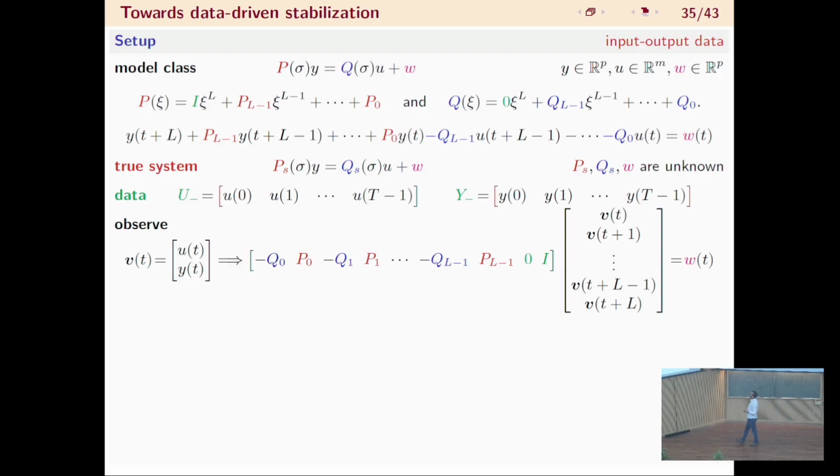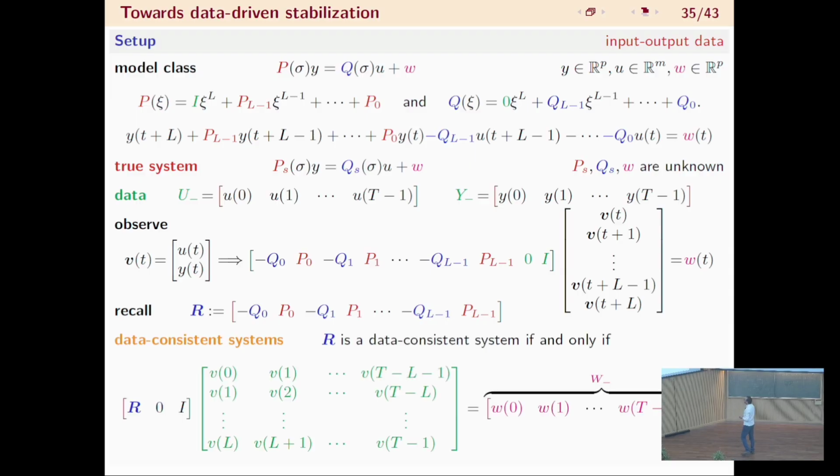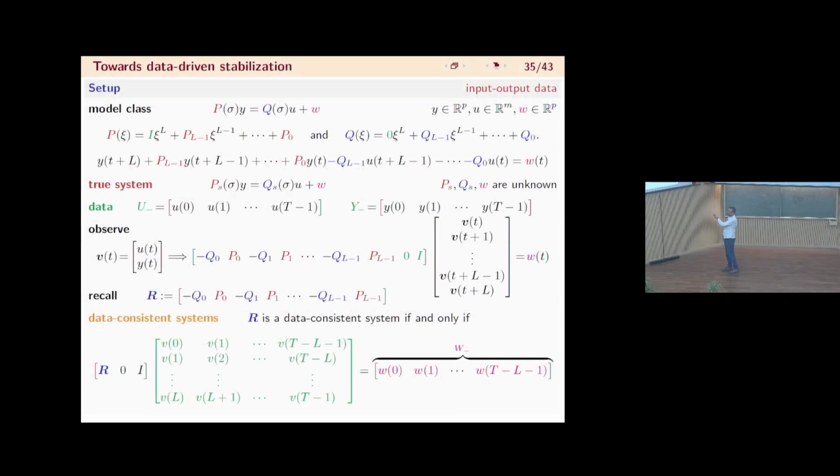But from here, I can do the following. This part, apart from zero identity, I defined as R. Okay? Now, if I look at this expression, then it is R, zero identity times this. This is for T0. This is for T1. This is for the last term, T minus 1. The first column is going to give me W0, the second W1, and finally W(T-L-1).